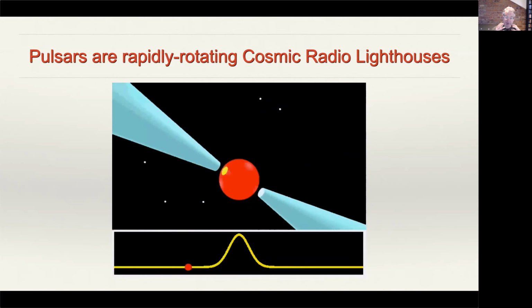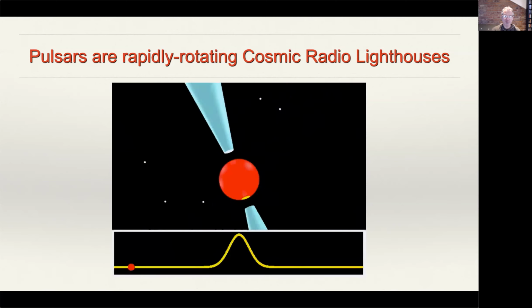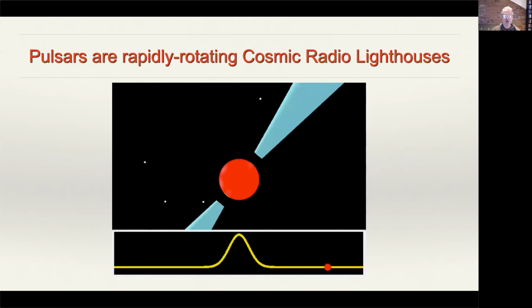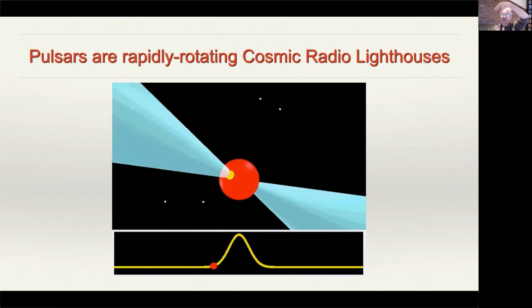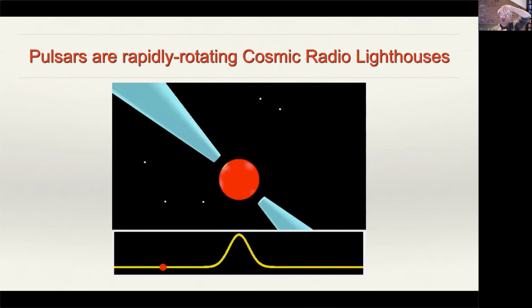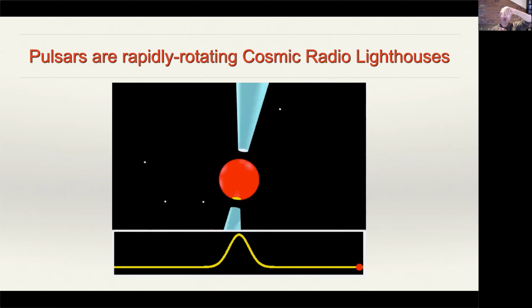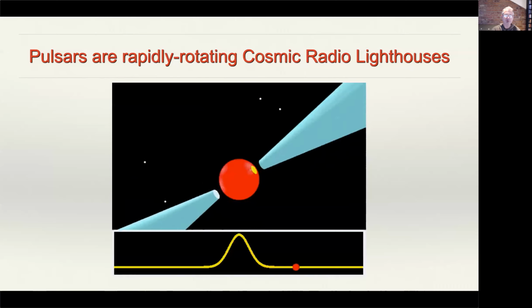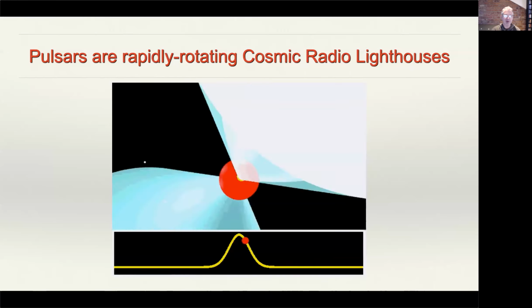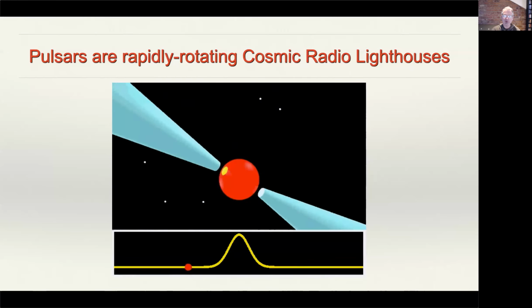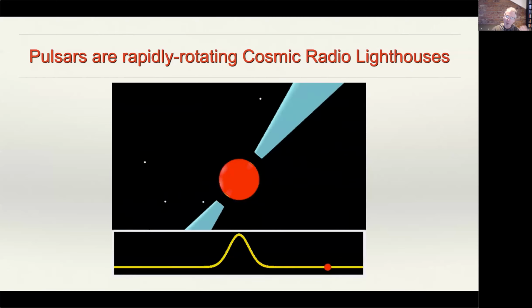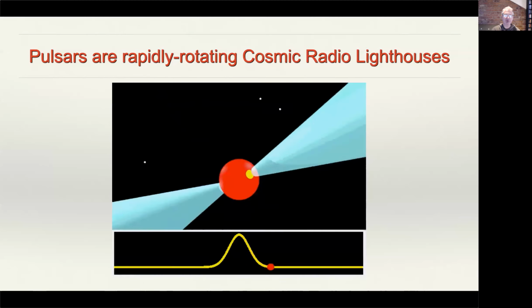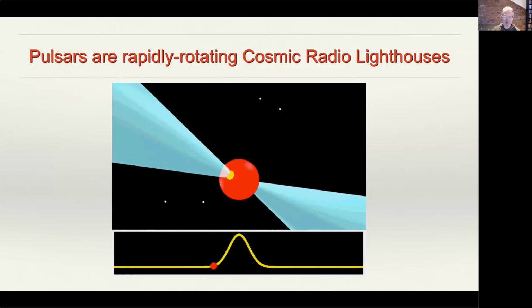Now, it's not the case that all pulsars will be visible from Earth, because you can imagine that there are situations where those beams actually will rotate like this, for example, if I am the telescope. And so then you'll never see a pulse. And so we think that maybe anywhere up to 50% of pulsars are not beamed in our direction. So there are more pulsars than we can possibly ever see with our radio telescopes.